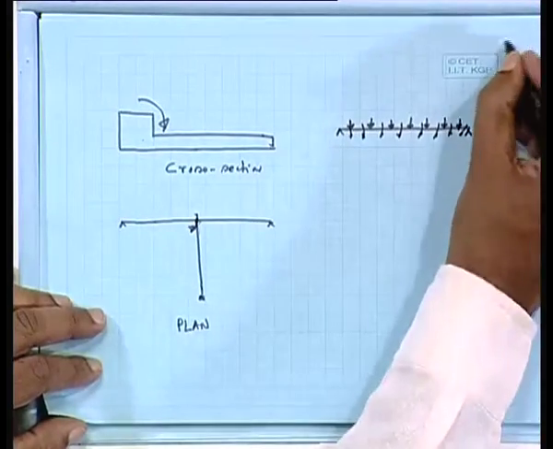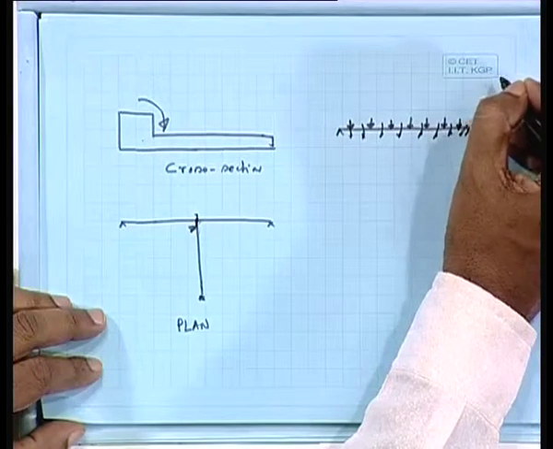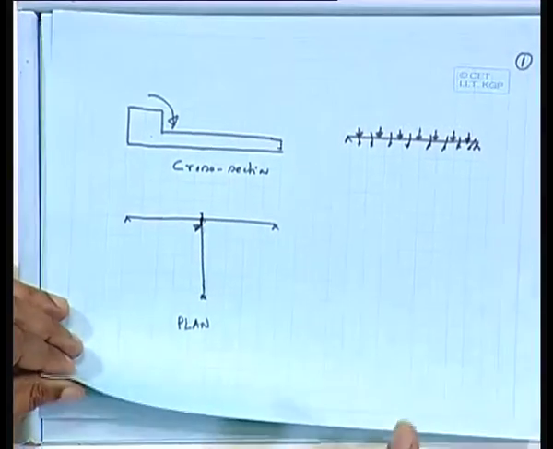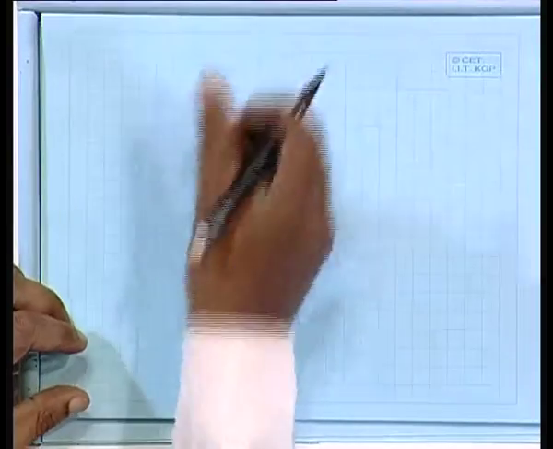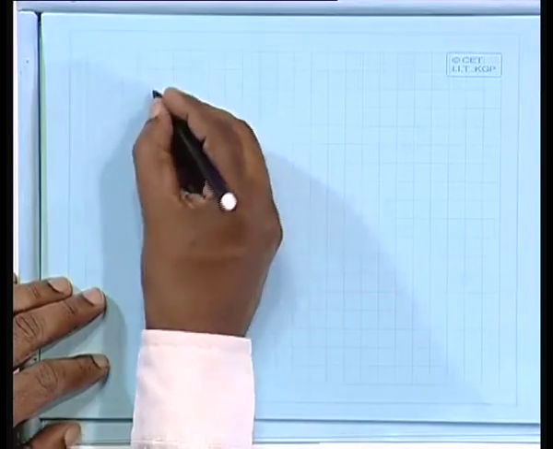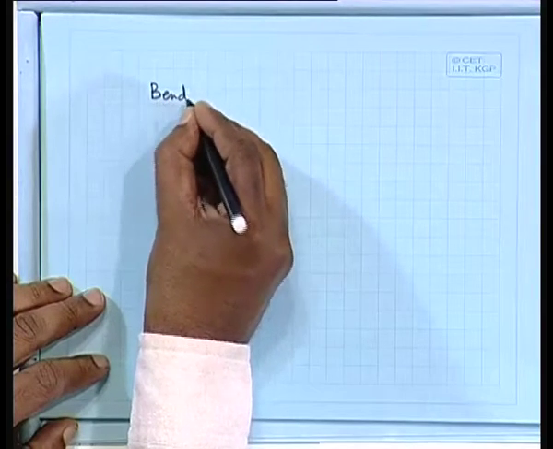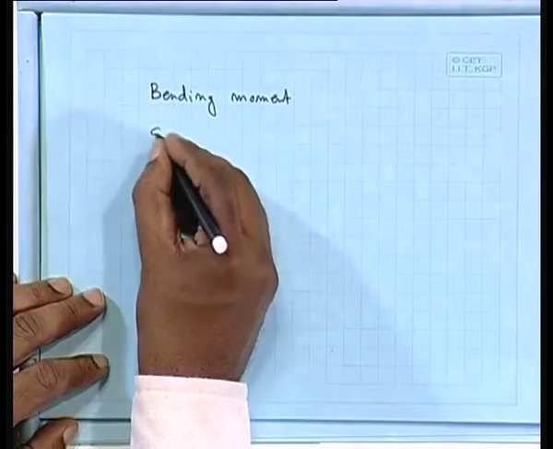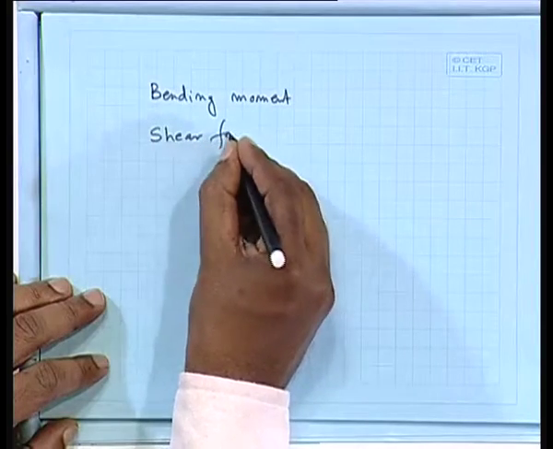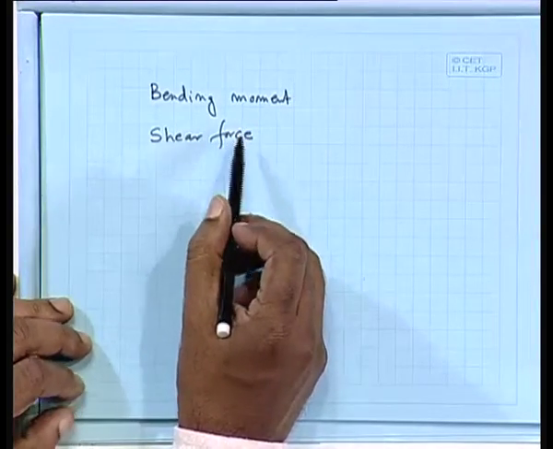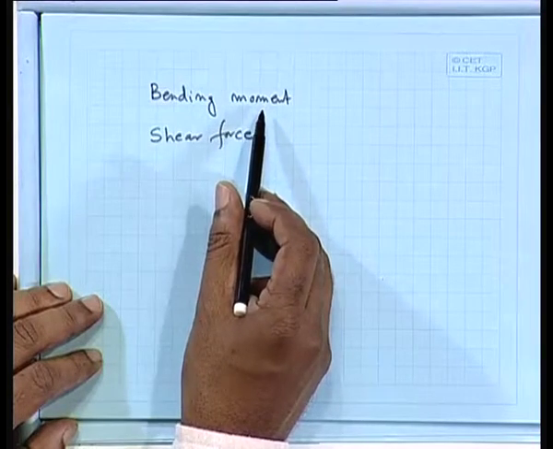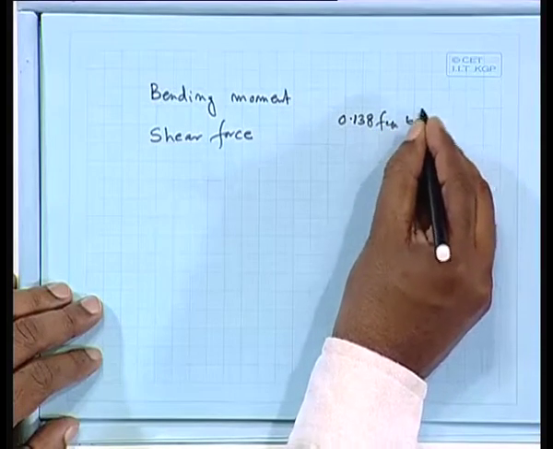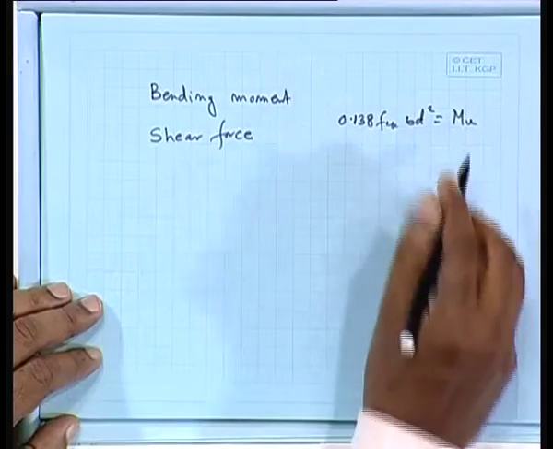So, you can find there are so many other cases where torsion will be developed. How shall you design that? Generally, for bending moment and shear force, we can directly compute the effective depth: 0.138 fck b d squared equal to Mu as per the limit state design.